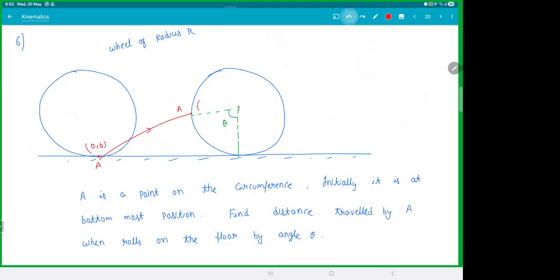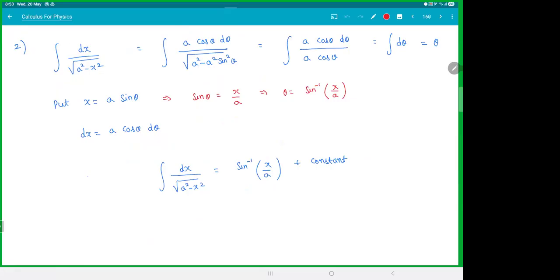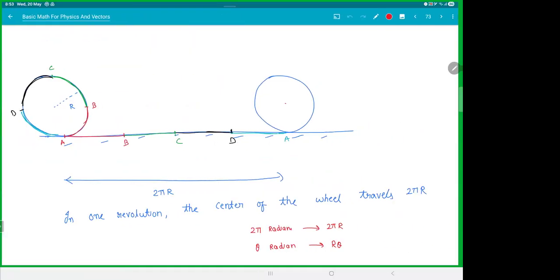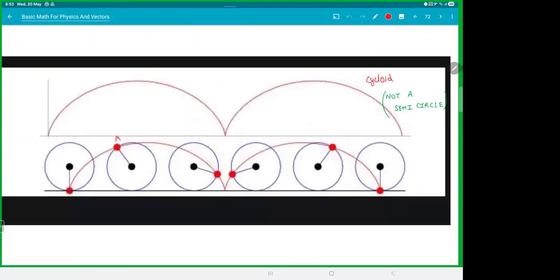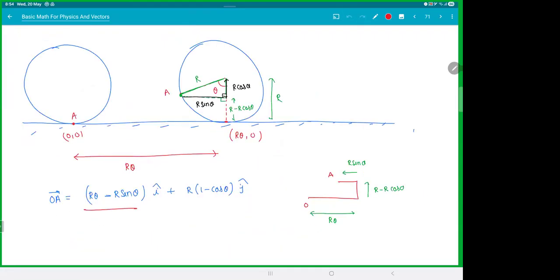We can find that. Why? Because we already did that. If you remember, in this question, vectors, that was the whole question there. If the wheel is rotating, find the position vector of OA. So we already found the coordinates. This is your x coordinate and this was your y coordinate.